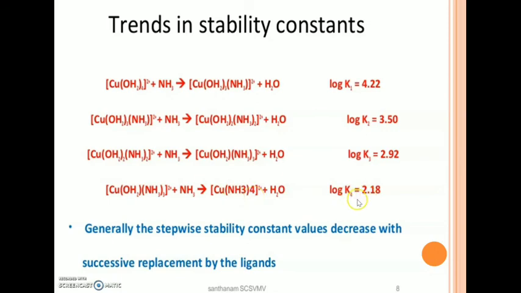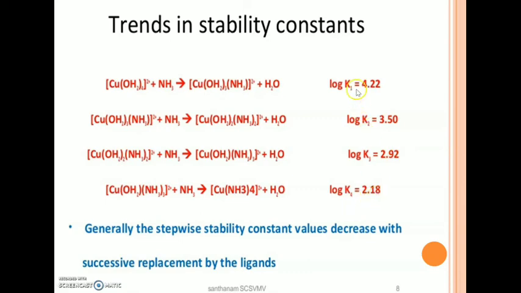Here log K4 is equal to 2.18. From this example, we can see that the stepwise stability constant value decreases from top to bottom. That means in the first step the stability constant is 4.22, in the next step it decreases to 3.50, in the third step it decreases to 2.92, and in the last step the value is 2.18.